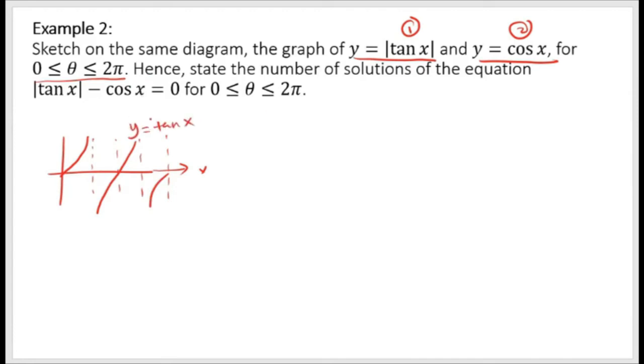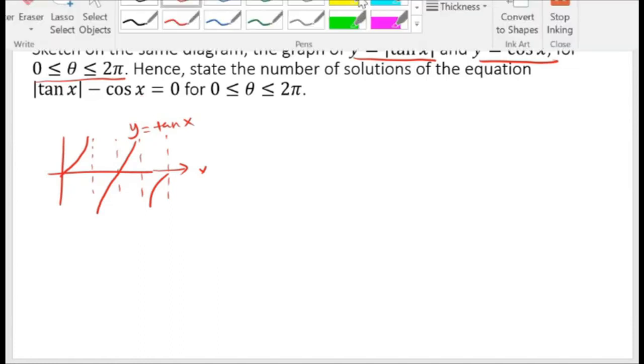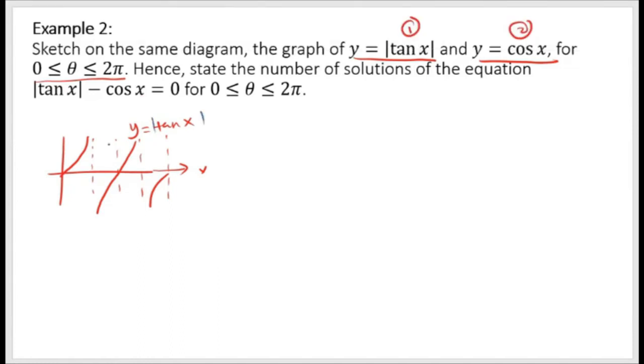But now you want to put the modulus. Modulus means what? Negative becomes positive. So here, this one goes up, this one goes up.